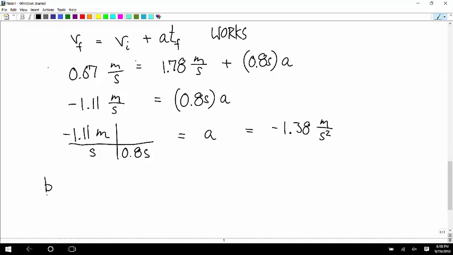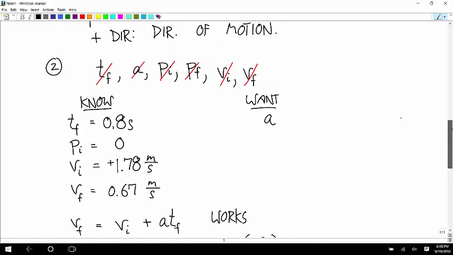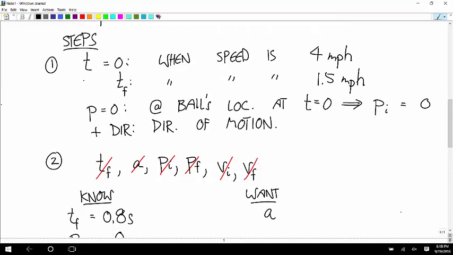And now the second part, we're trying to figure out how far it goes. Is there any reason to change any of these choices, the time equals 0, the time final? Those will all work fine. The only reason I can imagine ever having to change anything is if part B of a problem asks you for something happening at a different instant than one of your two choices from before.